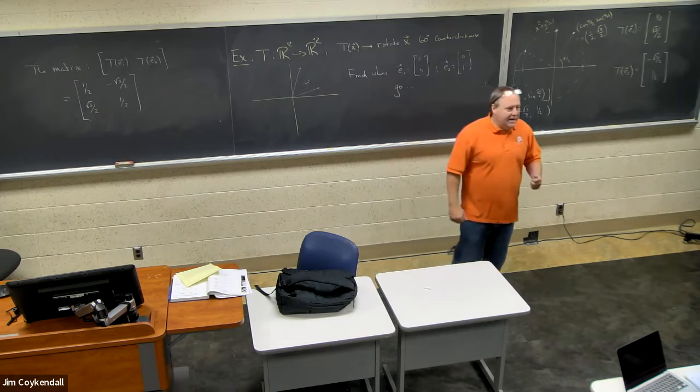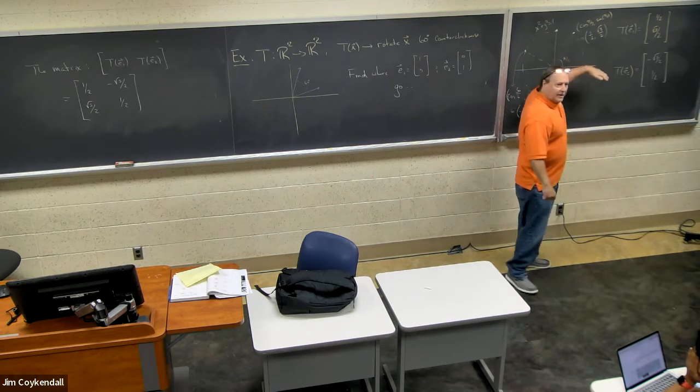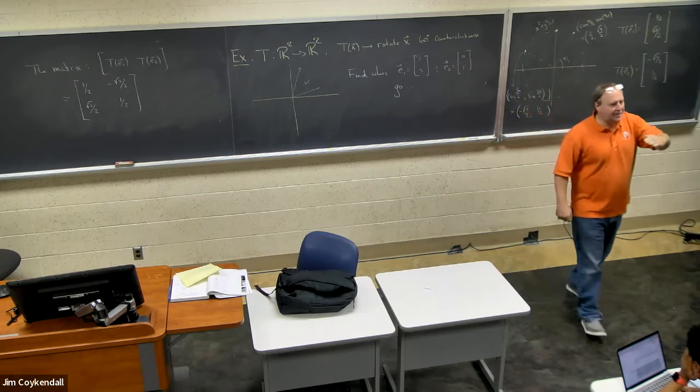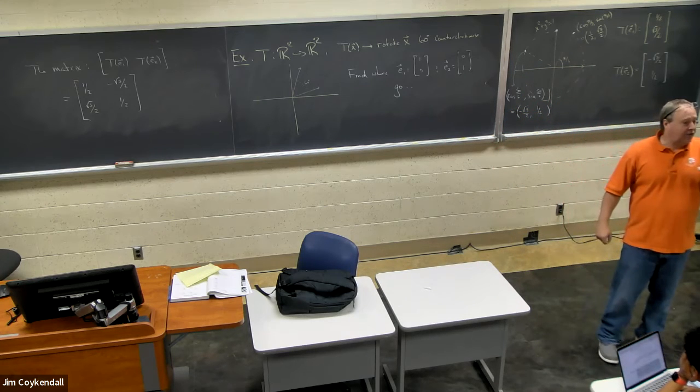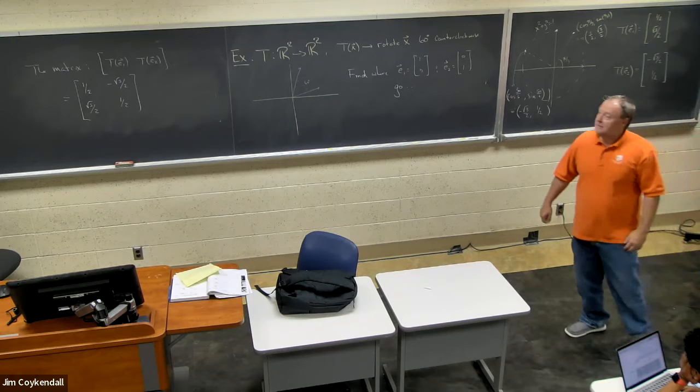And that'll work for any vector, not just E1, E2. Take any vector and put it in there, and that matrix will leave the length the same, and it'll rotate it 60 degrees counterclockwise.